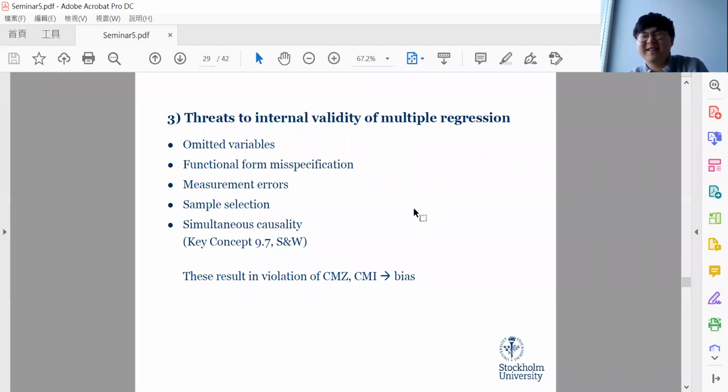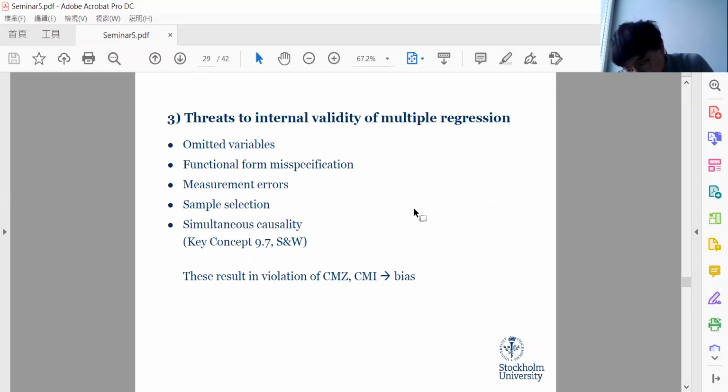So they are actually not that easy to deal with because I think you have heard the term "garbage in, garbage out" before. So these two things are more about the data structure, which is not that easy to deal with if you use the empirical strategy. So these 3 and 4 are not things that we can deal with, at least now.